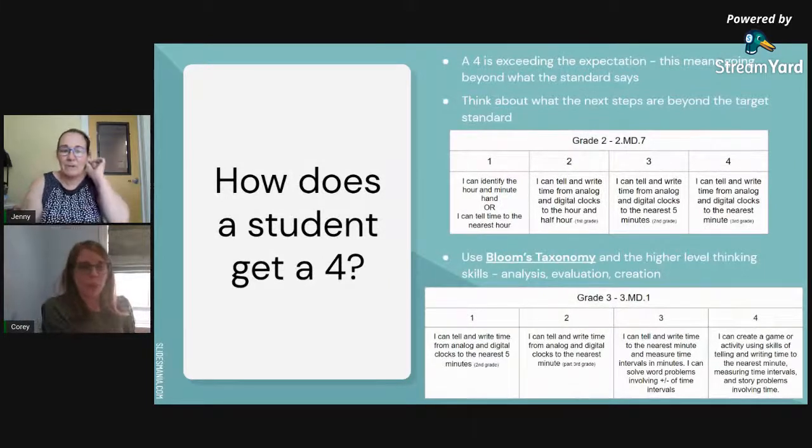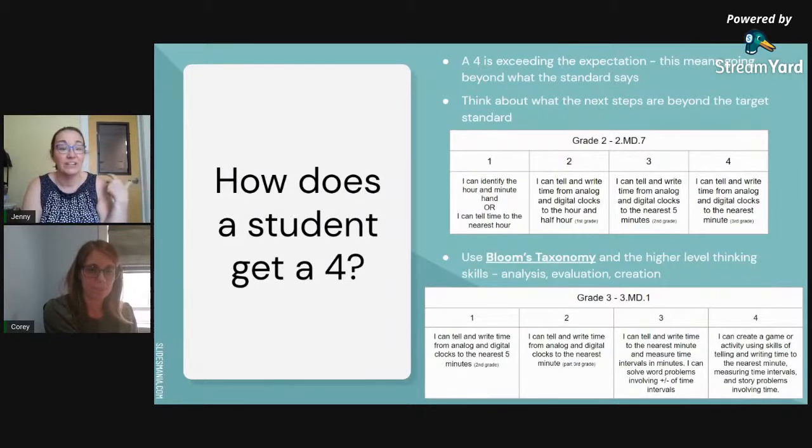I think this might be a good time to remind people of the work that we've done in the past couple of years, and that you can always go revisit that. There are modules on learning scales and proficiency-based grading and all of those sorts of things.